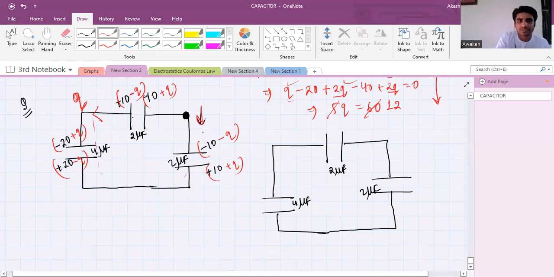Now, if you are flowing in this fashion, so this is minus, this is plus. So 10 plus q by 2. Then 20 minus q by 4. Minus 20 minus q by 4. And then minus 10 minus q by 2, equal to 0. Solve it.